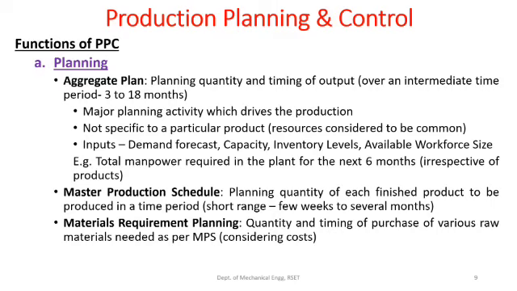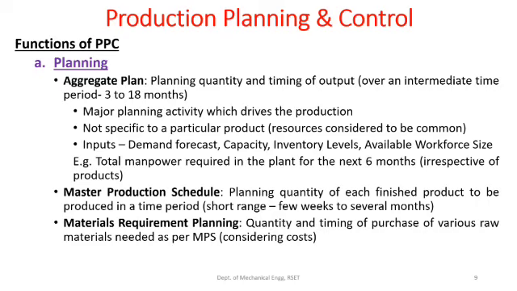It is irrespective of whether the manpower is involved in producing product A, product B or product C. So the total manpower required for that entire plant, irrespective of the product that is being manufactured, such a plan is referred to as an aggregate plan. So aggregate plan is generally specified in terms of quantity and timing of output, and this is a plan that has an intermediate time period, somewhere between 3 to 18 months.